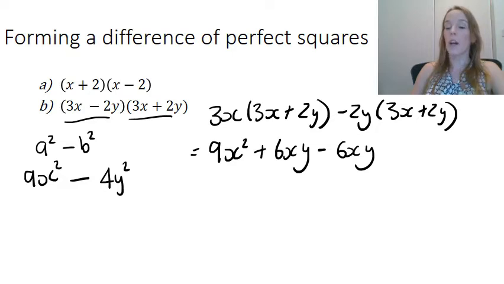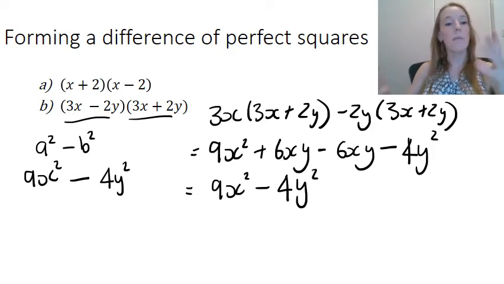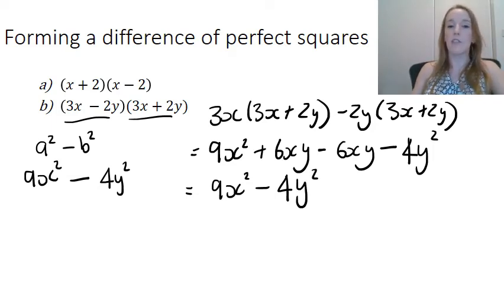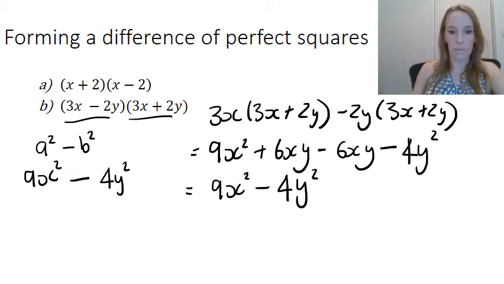Negative 2y times positive 2y is going to give us a negative 4y squared. And from there, we're going to collect our like terms. So 9x squared doesn't have any like terms. 6xy take 6xy is going to give us 0. So just take 4y squared on the end. So you can see we've followed that pattern again with our difference of perfect squares. a squared take b squared is going to be our answer there.